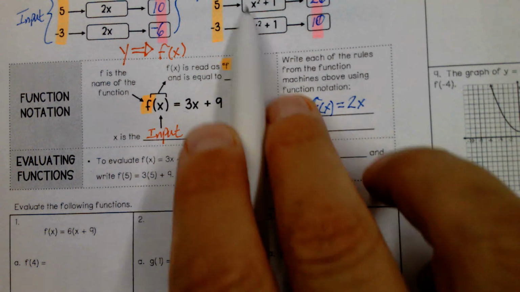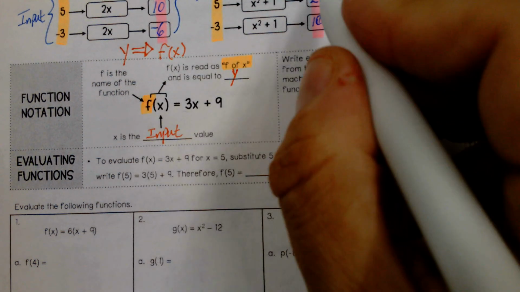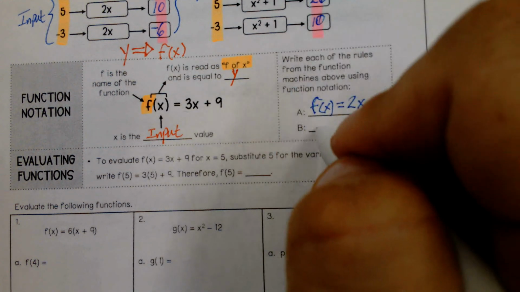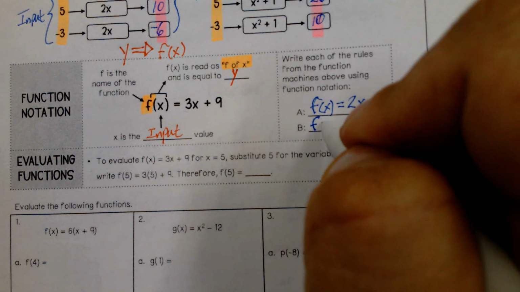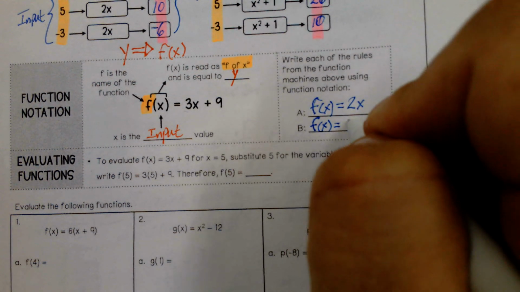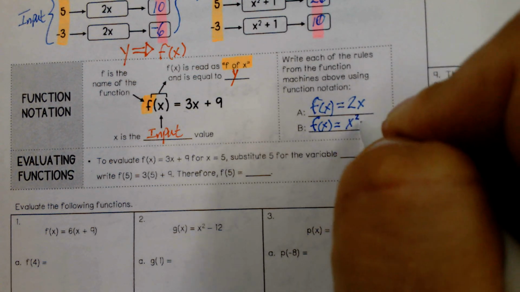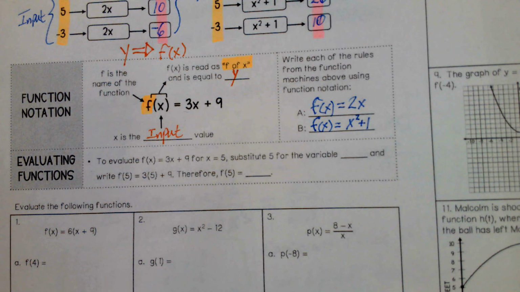Let's write the second rule as a function. Let's stick with f of x, because that's what they told us to use here. So this would be f of x. And now we're looking at b. What's the rule there? X squared plus 1. X squared plus 1. We just wrote two functions. Okay?